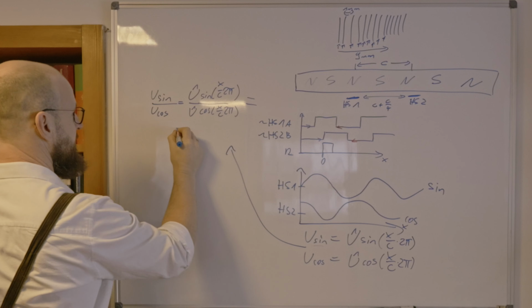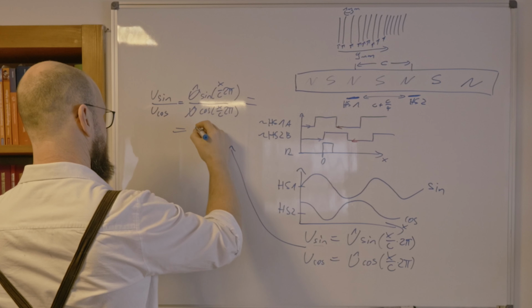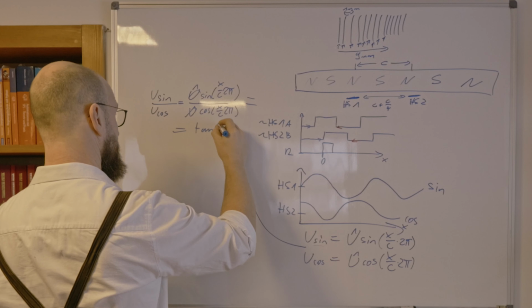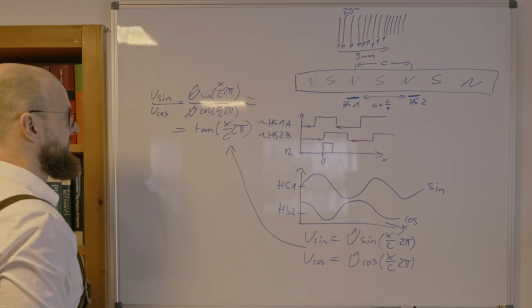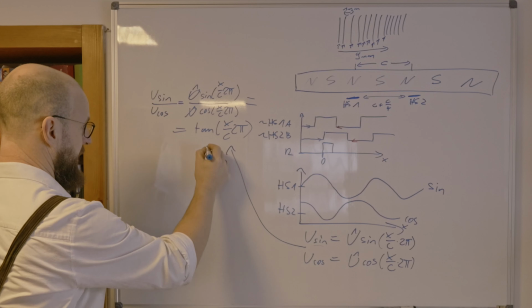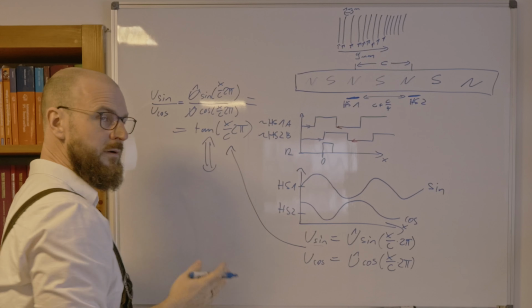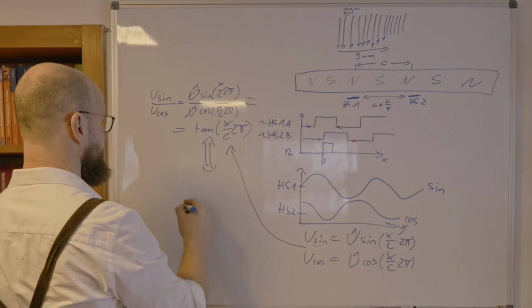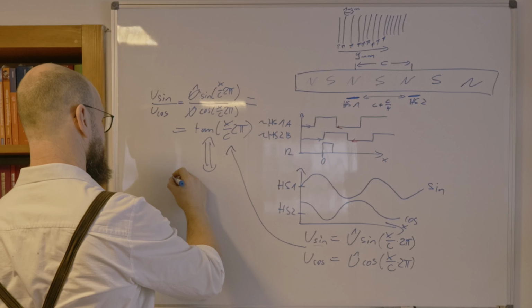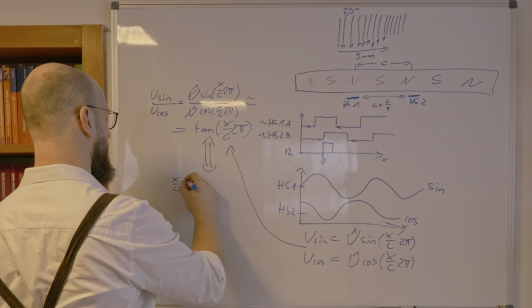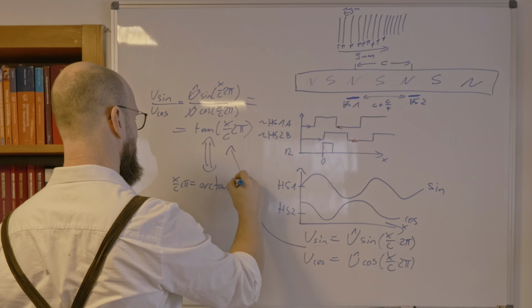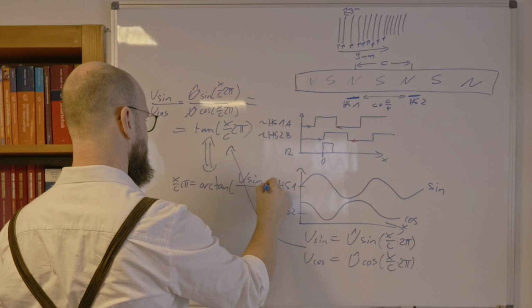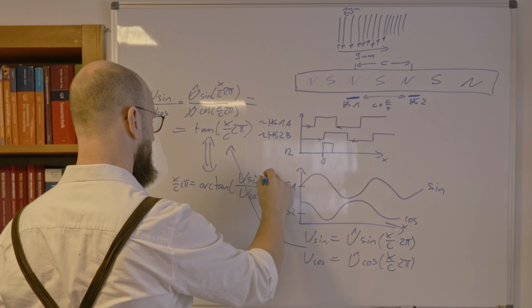And now by that we see that's nothing more than the tangent of that function. And now we get the idea. We can do a derivation which says x over c times 2 pi equals the arctangent of our sine voltage over our cosine voltage.